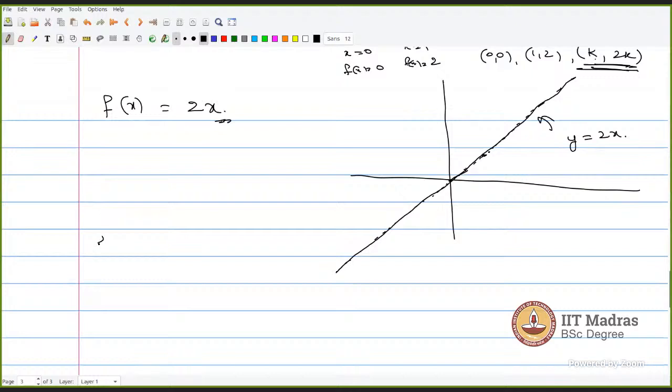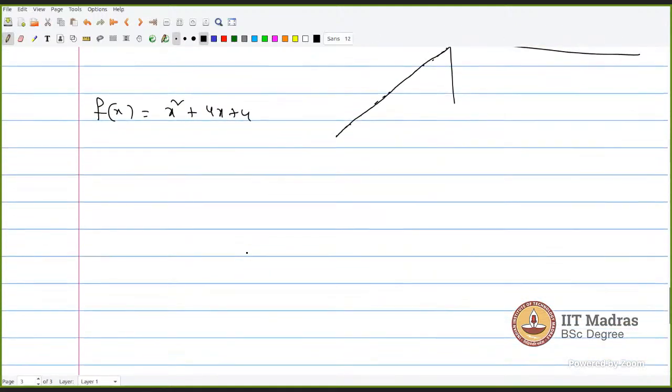Similarly, when I take a quadratic function, x square plus 4x plus 4, and I want to plot this, when x is 0, my f of x is 4.